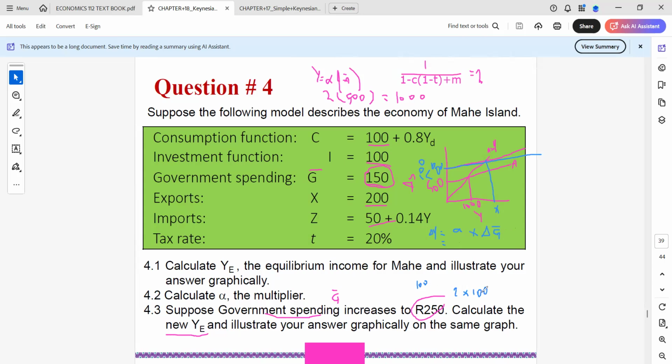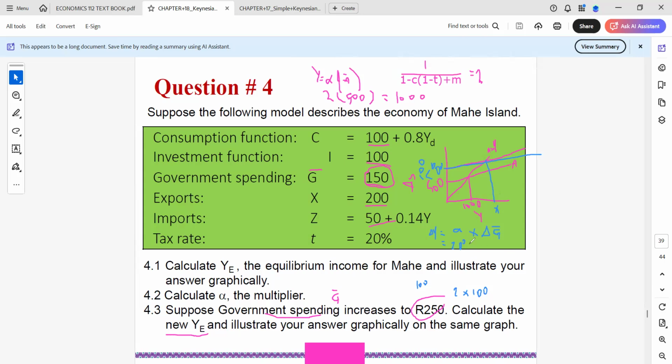If you say 2 times 100, you're going to get 200. So the change in Y is 200, meaning that if you say this amount minus this 1,000, you're going to get 200. To move forward, you say this 1,000 plus this change, which is 200, and you're going to get this one.